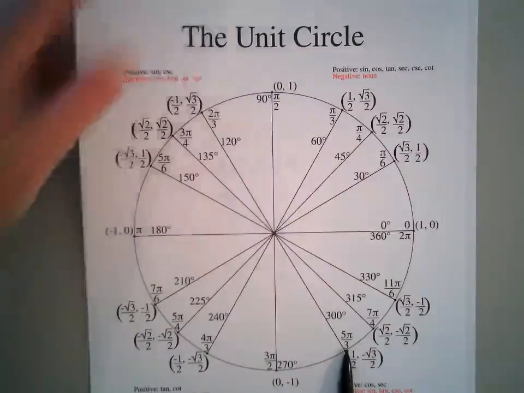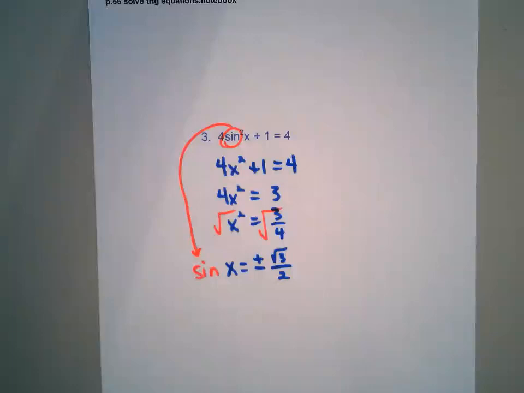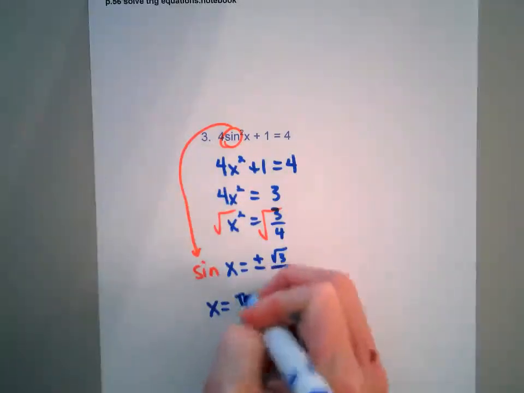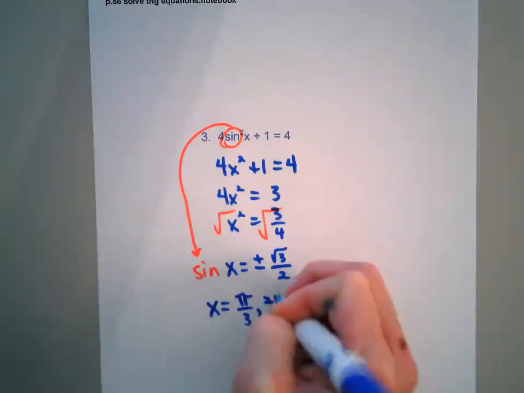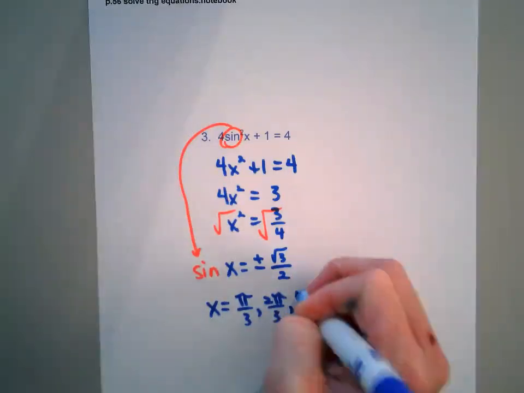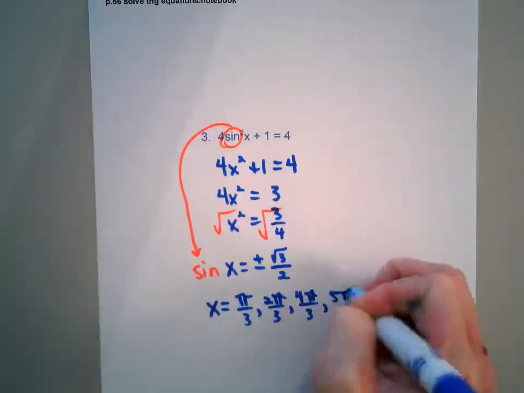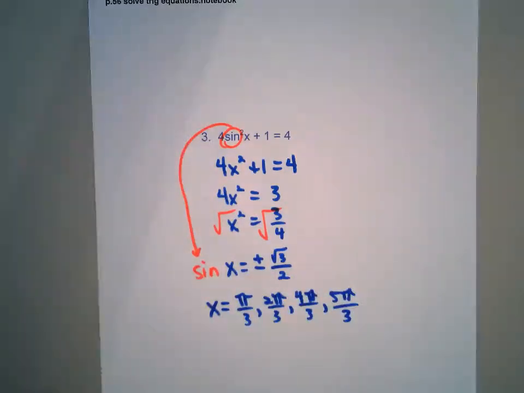All 4 of those are our answer. Pi over 3, 2 pi over 3, 4 pi over 3, 5 pi over 3. Voila.